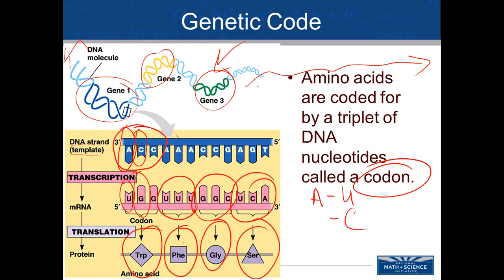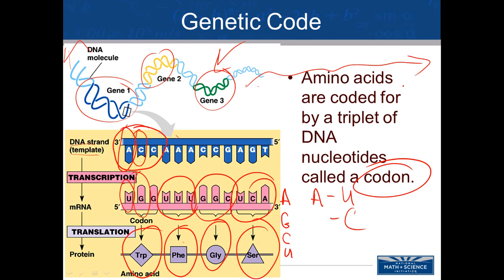Let's suppose that a codon was only 1 nucleotide long. If a codon was only 1 nucleotide long, then you could only code for 4 amino acids. But let's suppose you use 2.